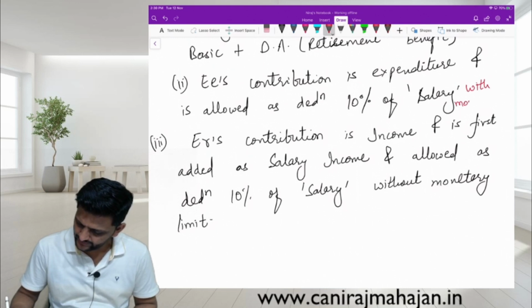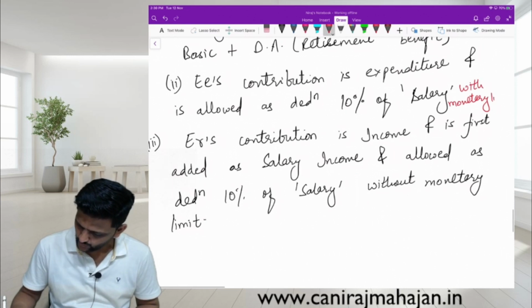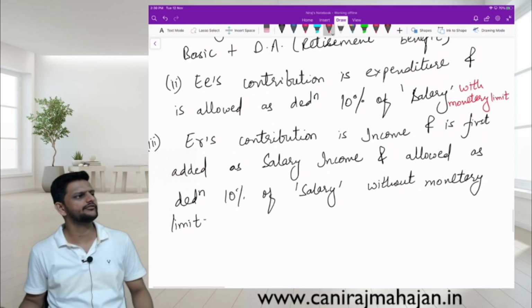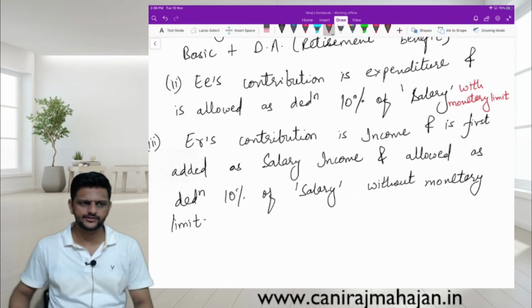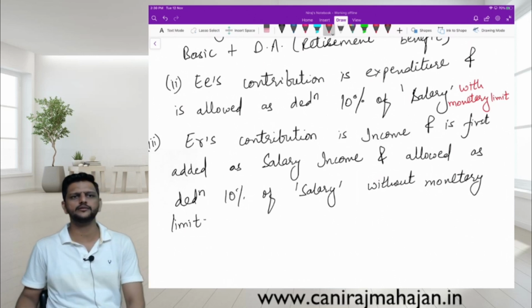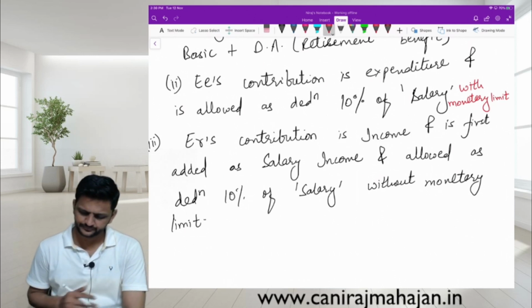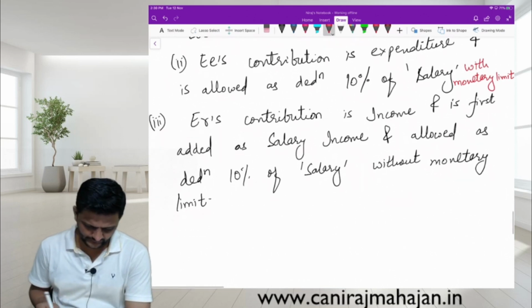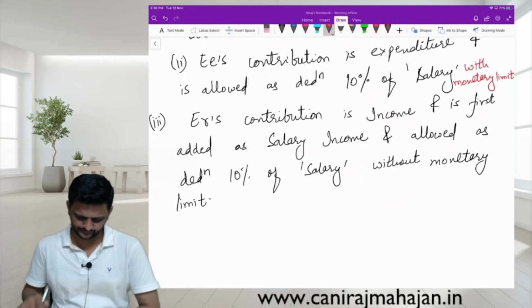What is the monetary limit? 1,50,000 and again 50,000. 80CCD(1) and 80CCD(1B). Correct? Over here also, fine.